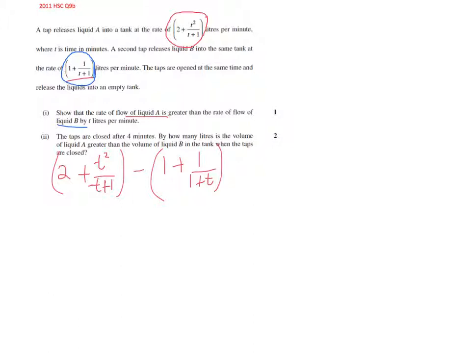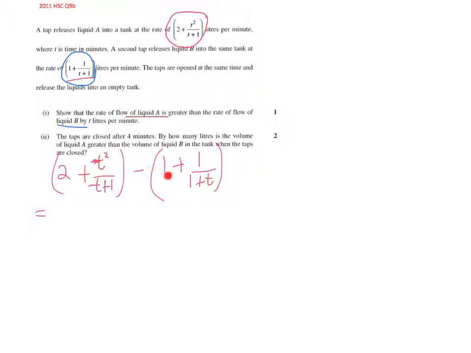So that's just algebra. Basic arithmetic and algebra, topic 1 from the prelim course. So common denominators, like terms, algebraic fractions, all of that. So we've got (2 plus t squared) on (t plus 1) minus (1 plus 1 on 1 plus t). When we expand these brackets, this is going to become minus 1 and minus that bit.